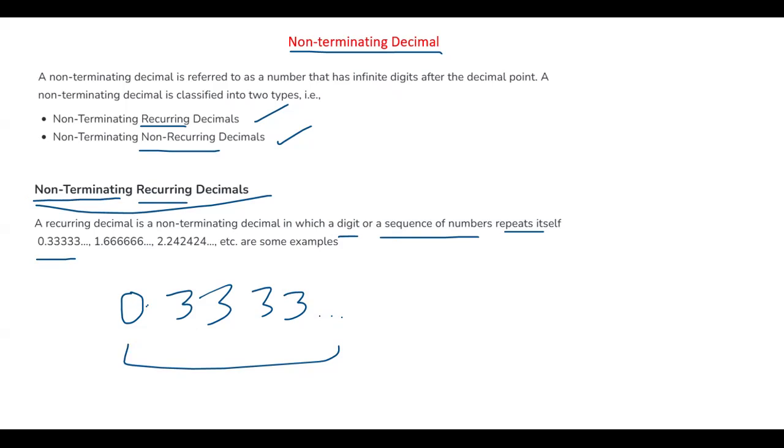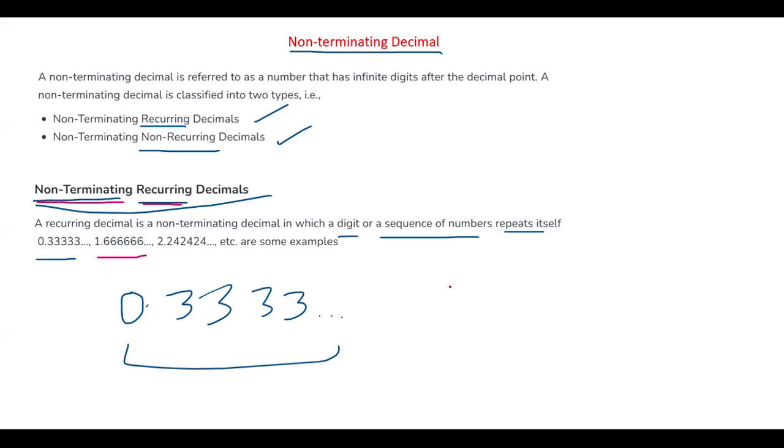Another example we can look at: 1.666666. This number is non-terminating because the digit 6 is repeating an infinite number of times, and it is also recurring. Here the digit 6 is repeating. So we will say it is a non-terminating recurring decimal.